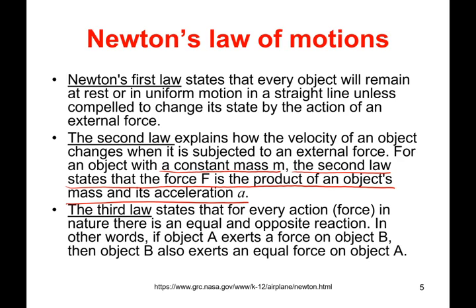And the third law states that for every action or force in nature, there is an equal and opposite reaction. In other words, if an object A exerts a force on an object B, then object B also exerts an equal force on object A. Okay?